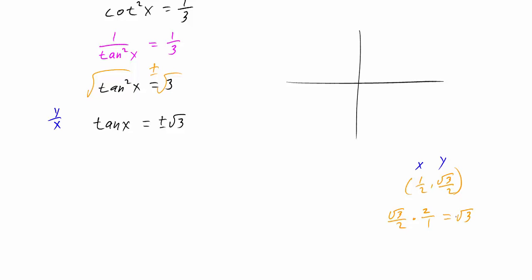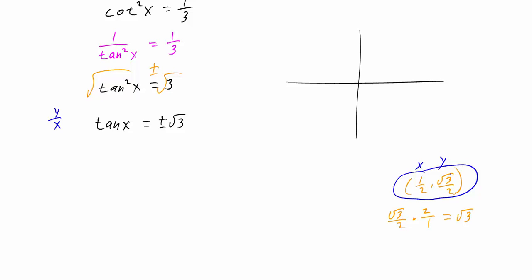So what this tells us, if we're looking for where the tangent is plus or minus the square root of 3, then we're looking for this particular coordinate. Where on the circle do we have an x value of 1/2 and a y value of square root of 3 over 2?